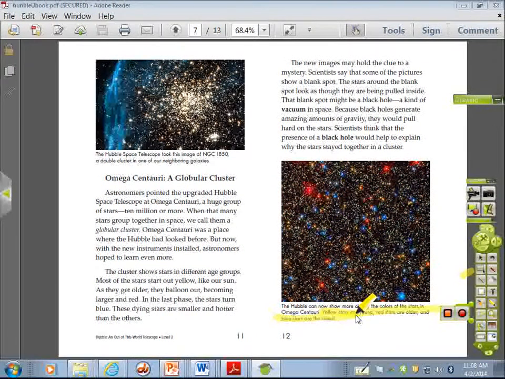If information's changed, which in science it does, how can you tell which one's more reliable? The newest one. Okay, you just said it, newest. This is newer than the science book, so we probably want to go with this.